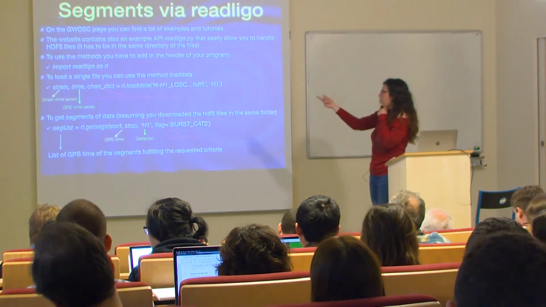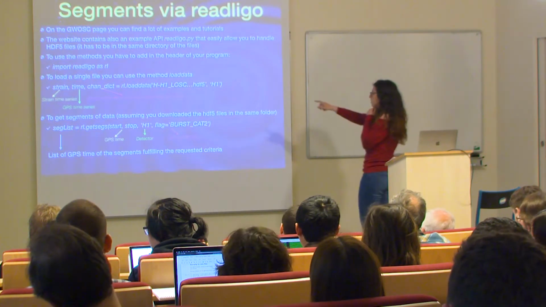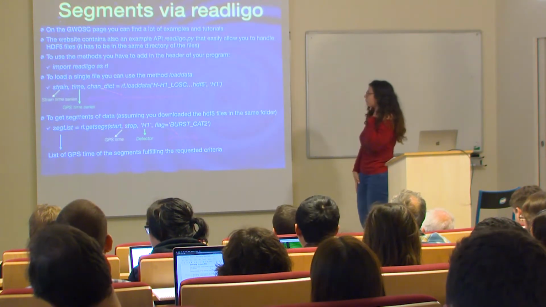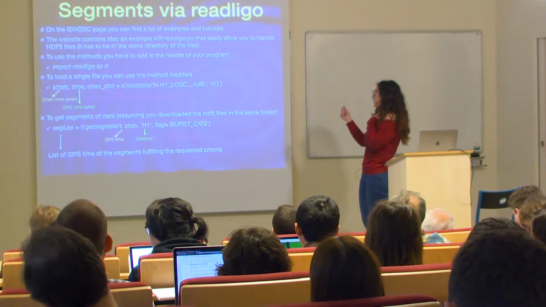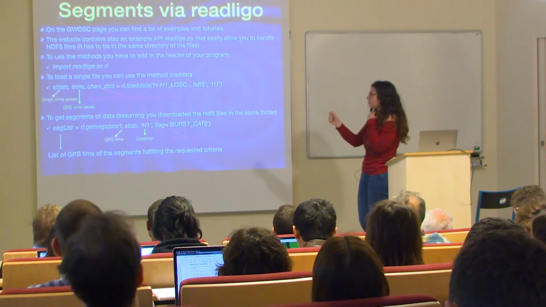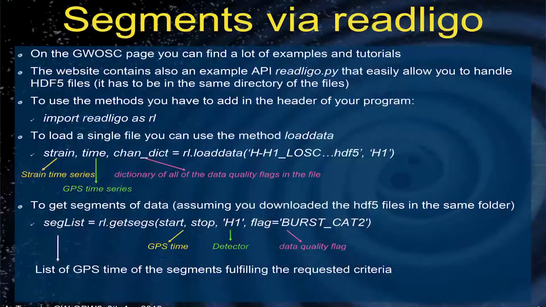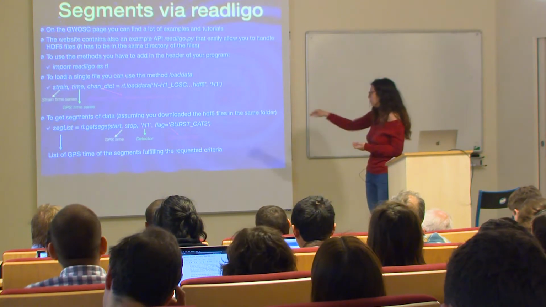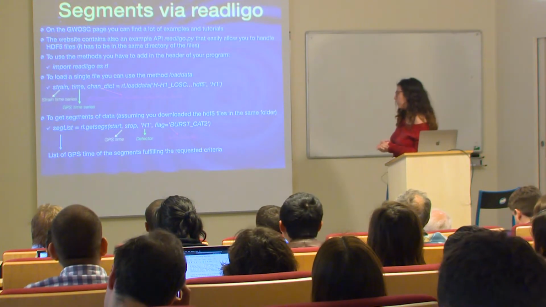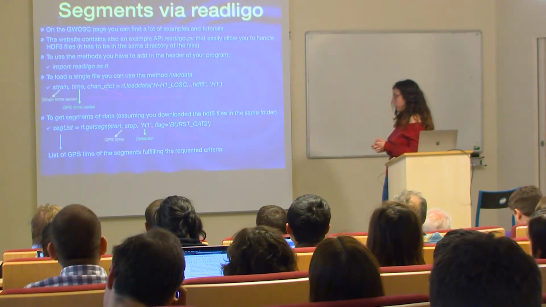Then, for example, to load the data, there is this simple command where you just provide the detector and the file, and you get NumPy arrays with the time, the strain, and the dictionary. And again, for the segments, you also have a method called getsegs. This flag is the data quality that you want to have.